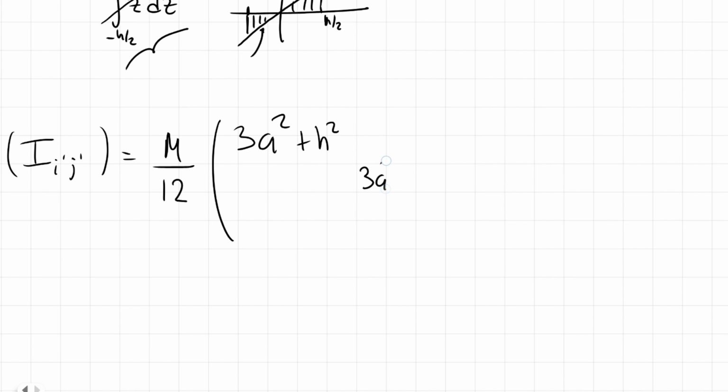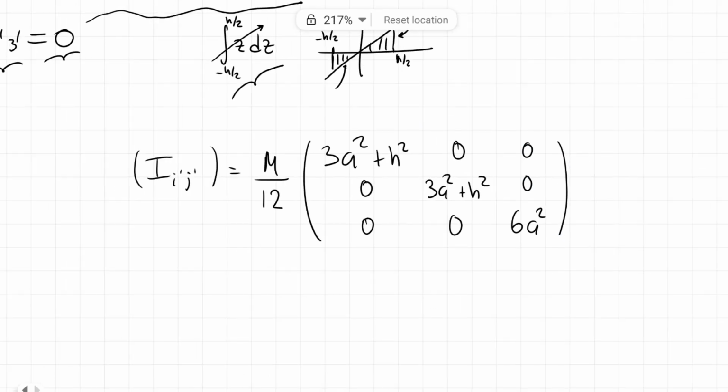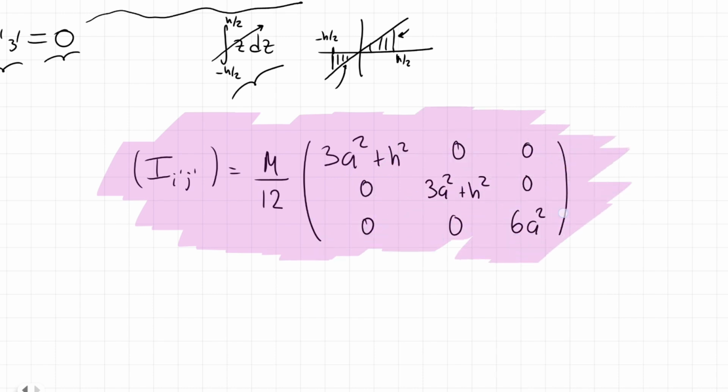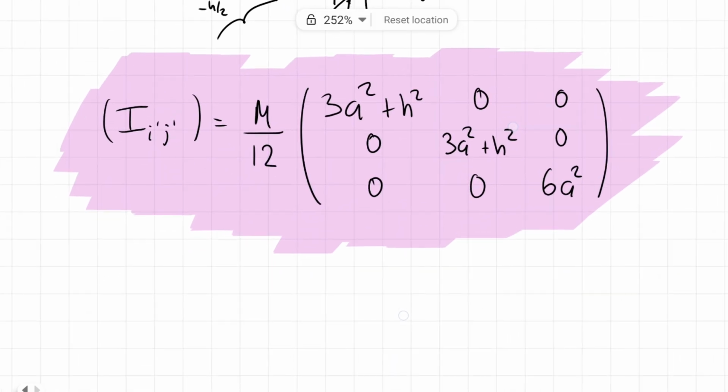This term is going to be the same, 3a squared plus h squared. And this one is going to be 6a squared. And of course, the other components are going to be equal to 0. Perfect. So this will be the final result of the video. The important thing is that is the matrix that represents the inertia tensor of the homogeneous cylinder.